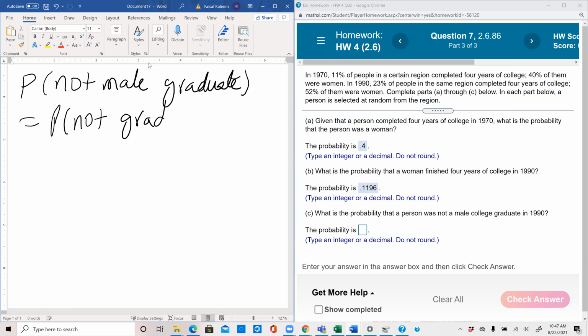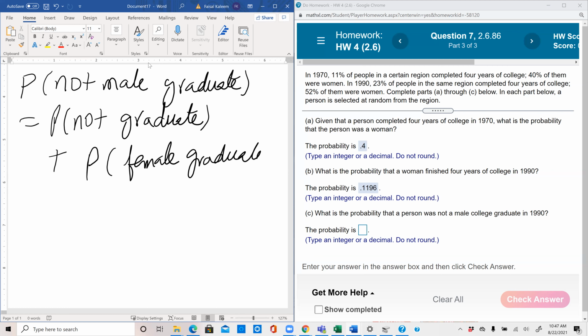Then, of course, since you are a non-graduate, you are also a non-male graduate. The other is that you are a female graduate. These are the two options that make up not being a male graduate.